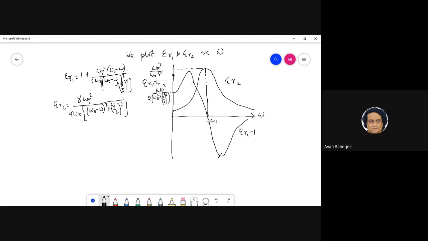And most interesting is, obviously, what I will do from here is try to relate this to the refractive index, right? So how will I do that? You know that the refractive index, we typically mention that as Ri, which is basically equal to root of epsilon r, which means that is 1 plus chi E1 minus i chi E2.